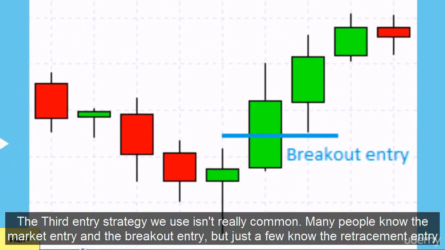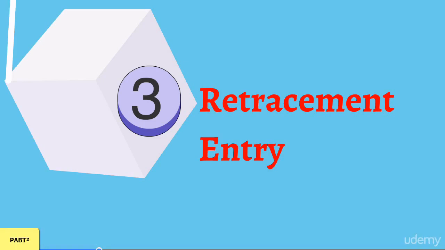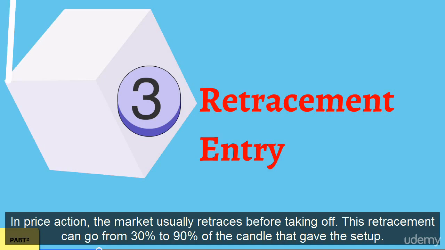So the third entry strategy we use isn't really common. Many people know the market entry and the breakout entry, but just a few know about the retracement entry. So in price action, the market usually retraces before taking off. So this retracement can go from 30 to 90% of the candle that gave the setup.